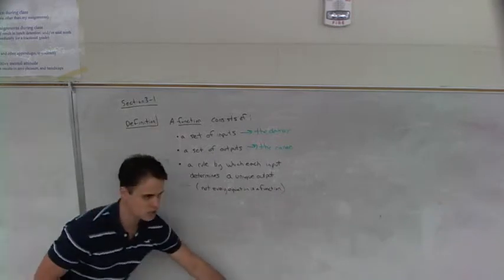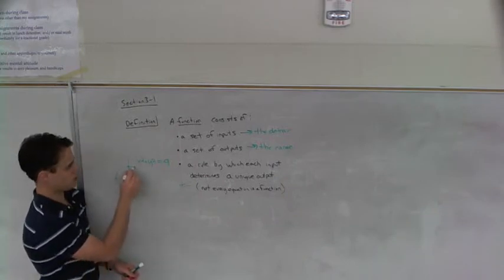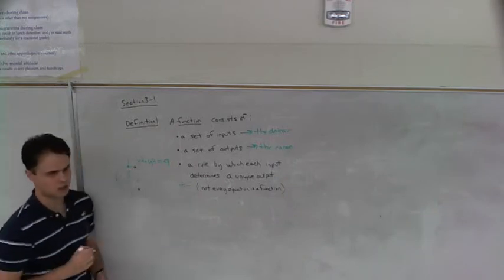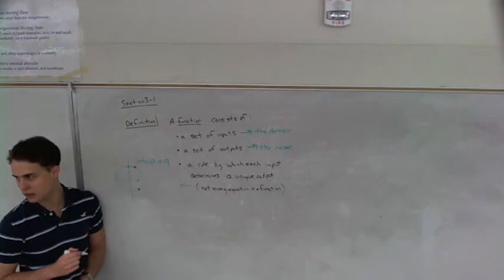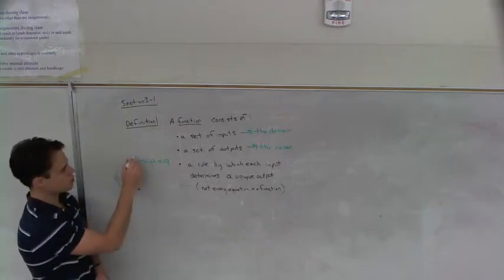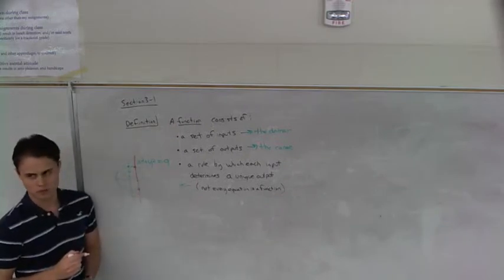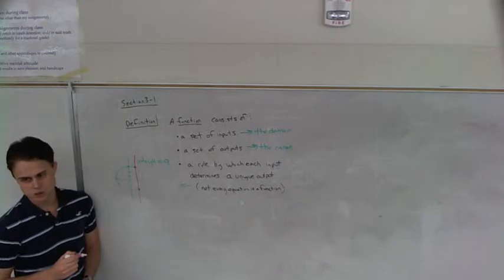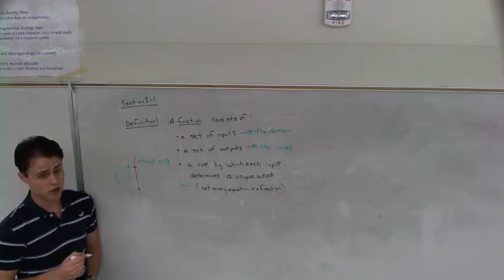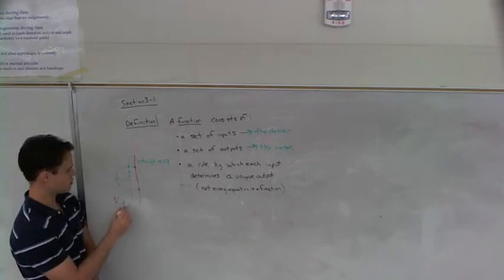If I put one x value in, I hit a y, and there's another y. The output is not unique in that case. So if you can visualize whatever your curve looks like, you can tell immediately if it's a function using the vertical line test. So I can use the vertical line test if I have a graph to check if something's a function.